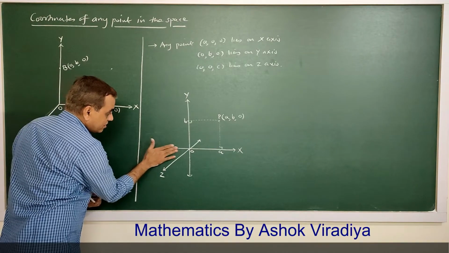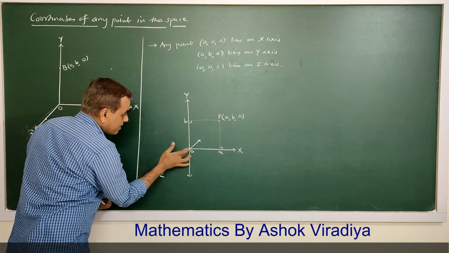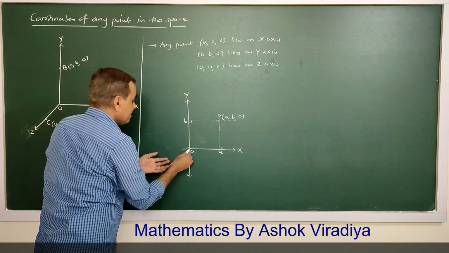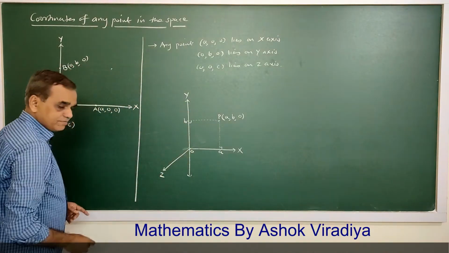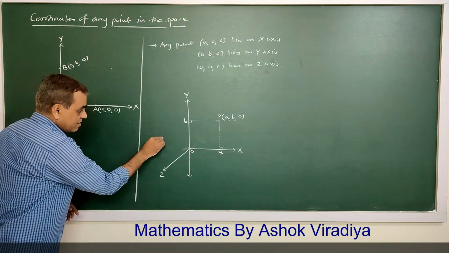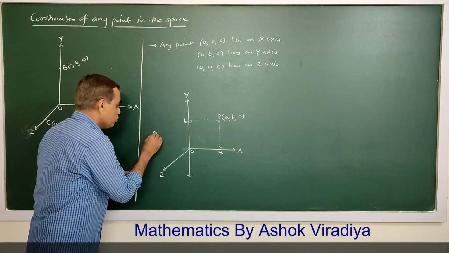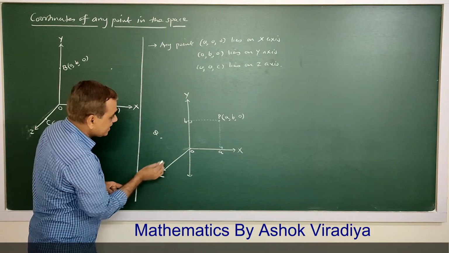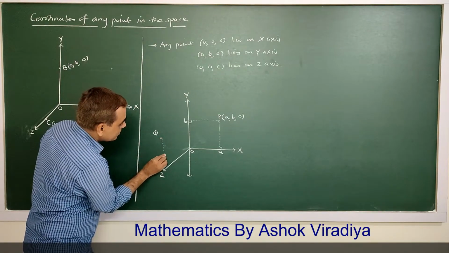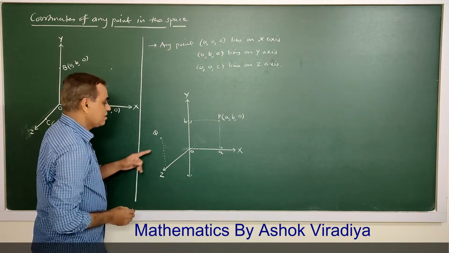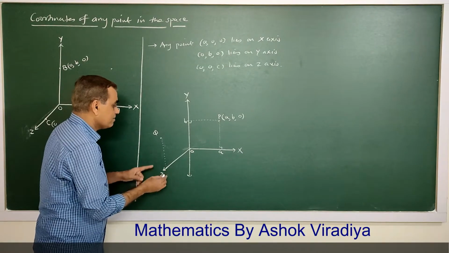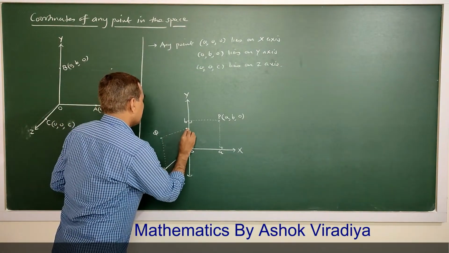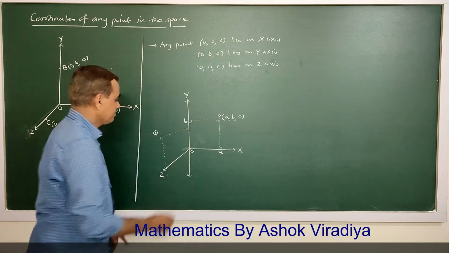Here I am removing this part of the diagram to show clearly what I want to say. This is the yz plane. If point Q lies on the yz plane, then taking perpendiculars, the foot lies at this number and at this number.